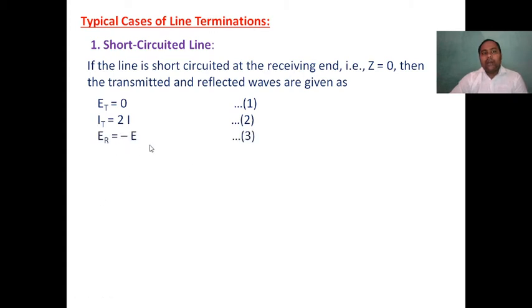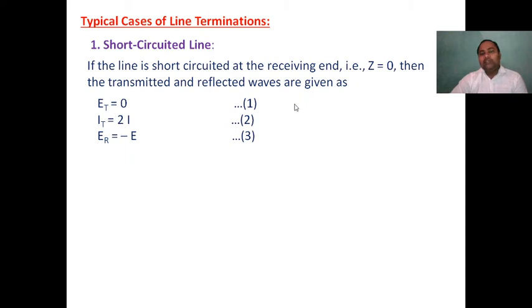ER is equal to minus E. Why do we get the reflected voltage as the negative of the incident voltage? Because the voltage travels from the sending end to the receiving end, but no transmission of voltage takes place at the receiving end.